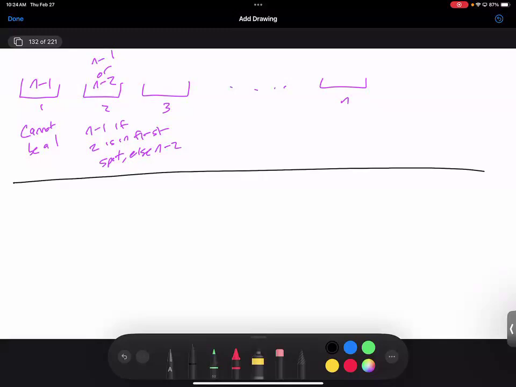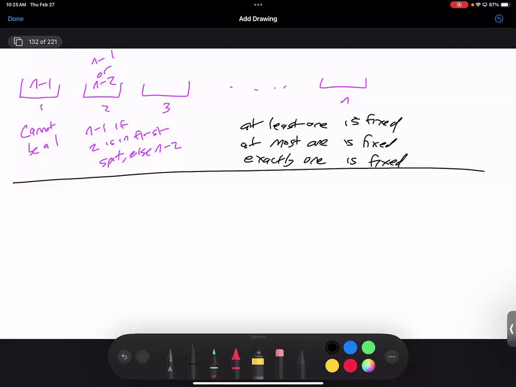We could do maybe at least 1 is fixed. At most, 1 is fixed. Exactly 1 is fixed. So those are good suggestions. And these kind of balance the extreme cases of nothing versus everything.